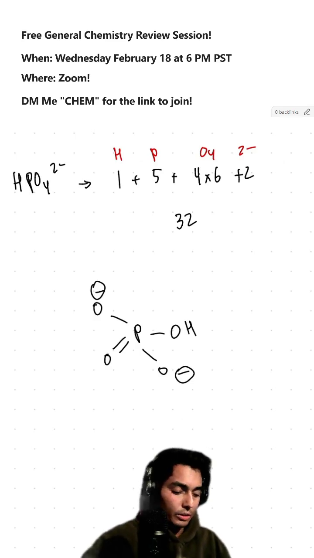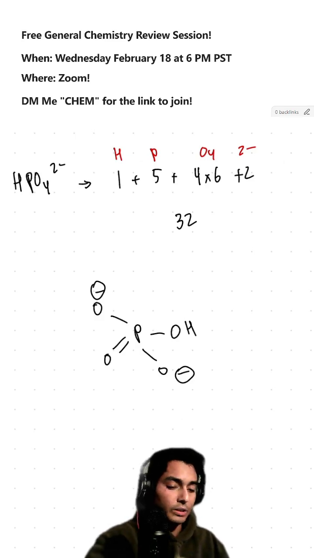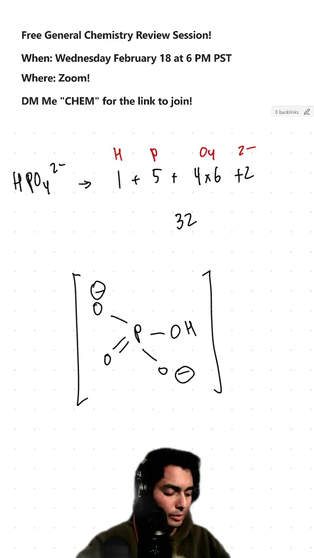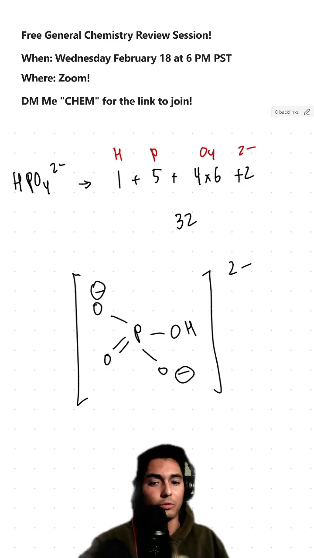PO4H, HPO4 2 minus. So this is one of my derivatives of the phosphate ion, PO4 3 minus, but this one is HPO4 2 minus. If I know how to draw phosphate PO4 3 minus, then I know how to draw HPO4 2 minus.